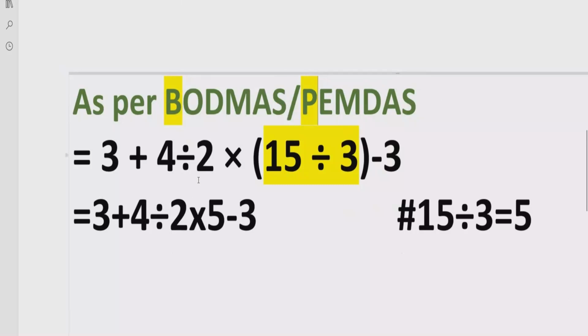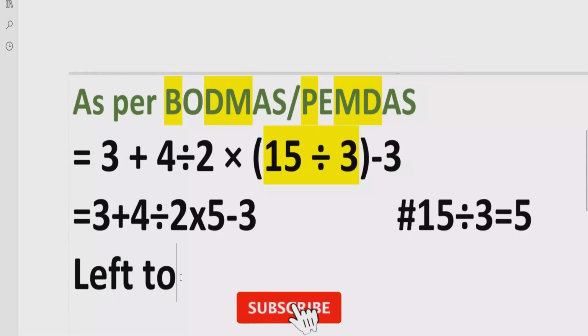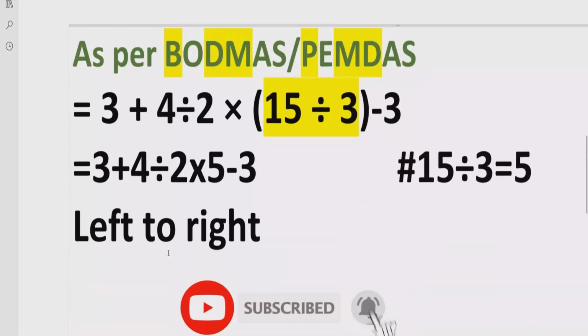Now move forward. Step number 1, we have solved the parenthesis part. Now we have to go for the order of operation and exponent part. But in our expression, we do not have any number which has a power. So we can skip this step. Now move forward to step number 3, which is division and multiplication. So what we have to do, we have to go left to right in this expression and find out which is coming first.